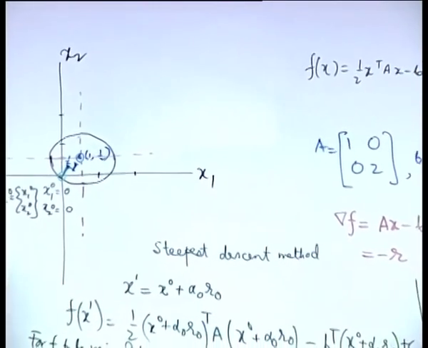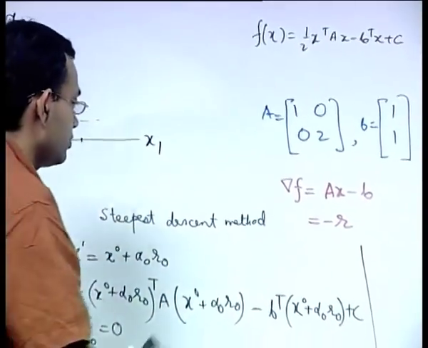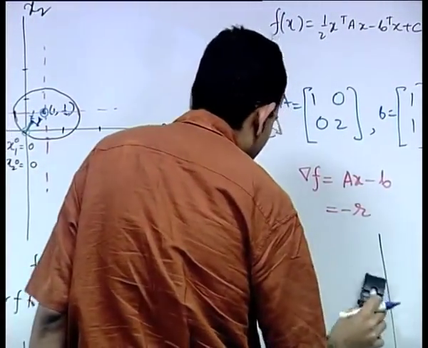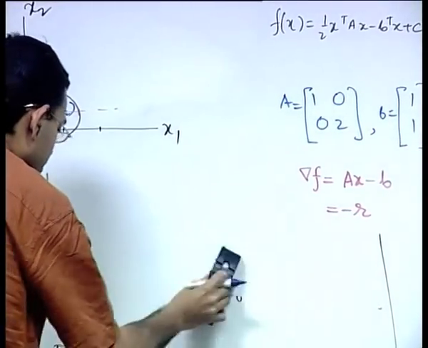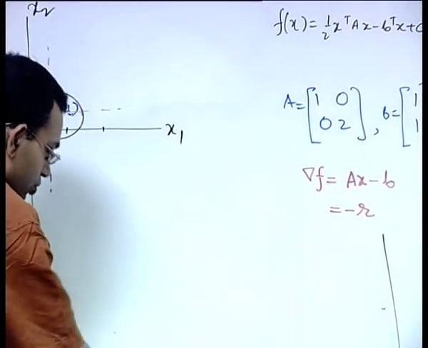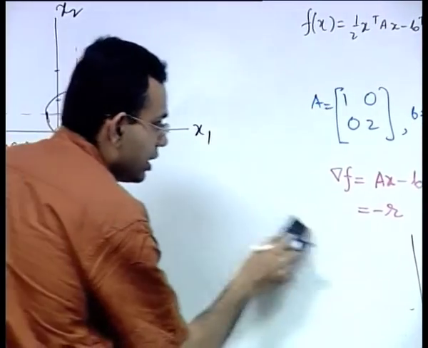So to understand how we reach the solution using this steepest descent method, let us work out one or two steps, and the remaining steps you can complete.